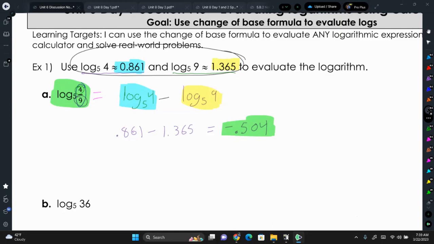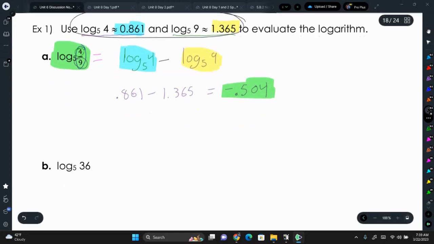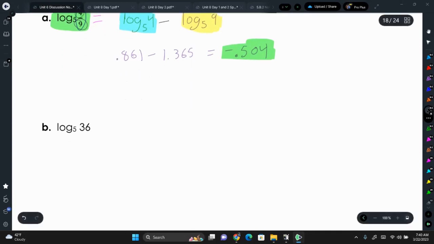All right, now letter B says log base 5 of 36. Well, look, we don't have 36 up here. We have log base 5 of 4 and log base 5 of 9. But we know that 4 times 9 is 36. So we can rewrite this as log base 5 of 4 times 9.